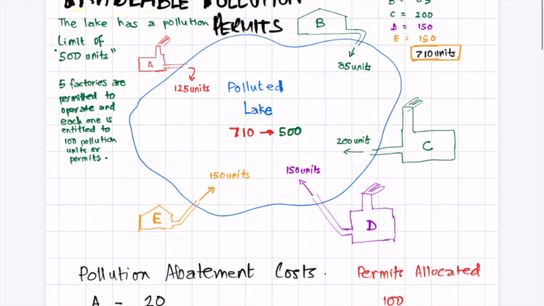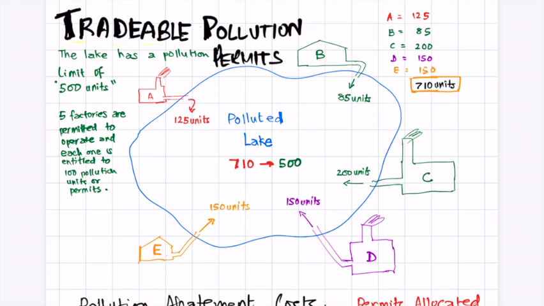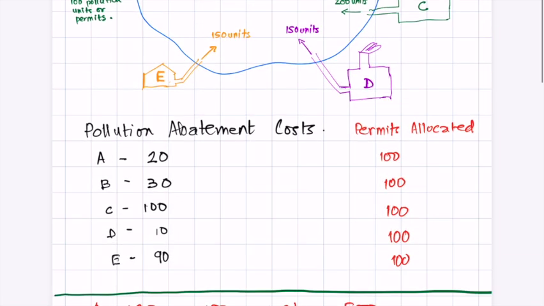So each of our 5 polluters has a different cost associated with their cleanup because they have different factories, different technologies, different production variables, and each one has a different, what we call, abatement cost. But the management authority in the area has allocated 100 permits to each of the polluting industries.